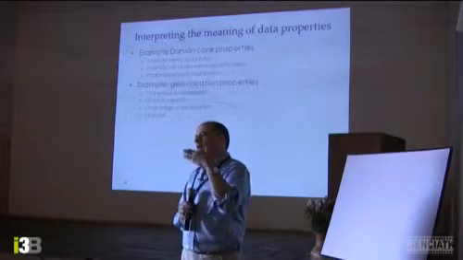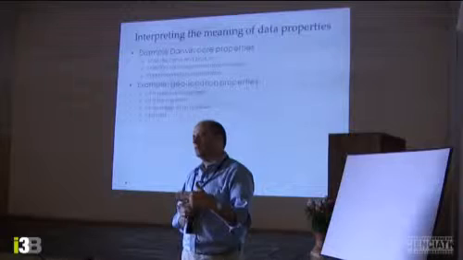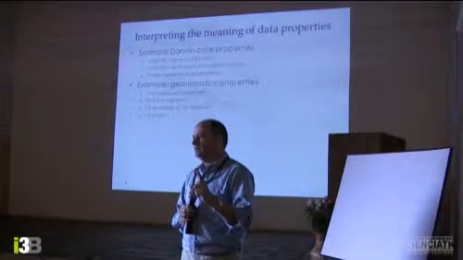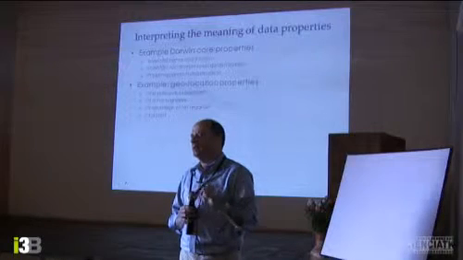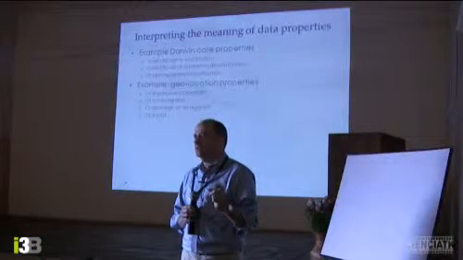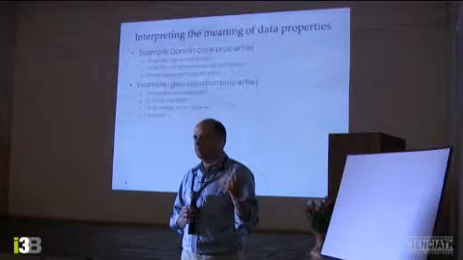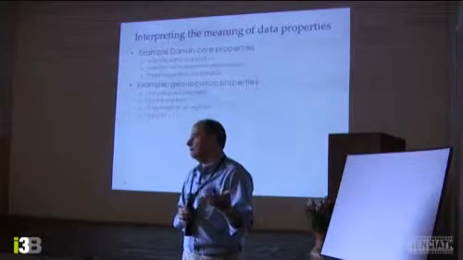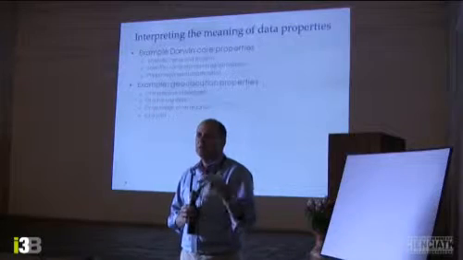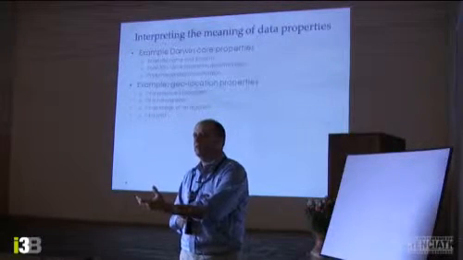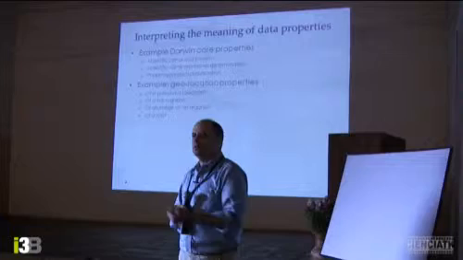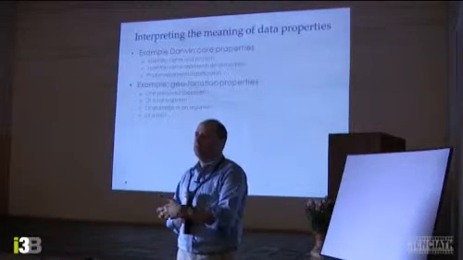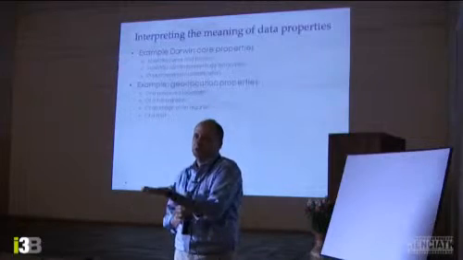And of course, the fact that two different specimens have different values for scientific name does not necessarily mean that they're different species. Because names get misspelled, there are synonyms, all kinds of things happen. If you have a genus and a specific epithet, and somebody moves the object to a different genus but keeps the specific epithet, then you've got two equivalent names, one with the old genus, one with the new genus.